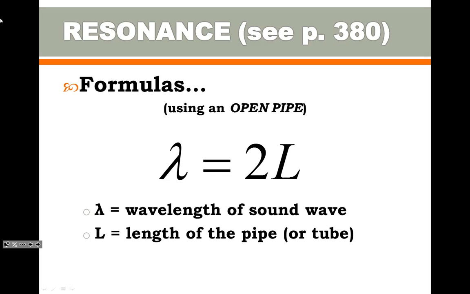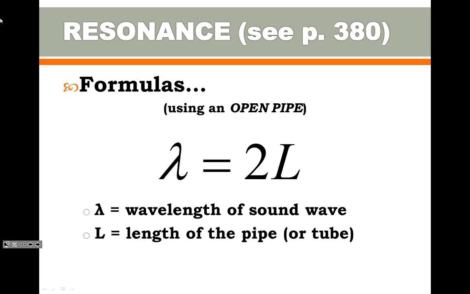So those are just 2 formulas that might help you if they ask you about, okay, using resonance, calculate the wavelength of sound if the length of your tube is 0.5 meters, right? They're not real difficult. Now, how could this be helpful? Because once we know the wavelength, if we know the frequency, now we can calculate the speed.